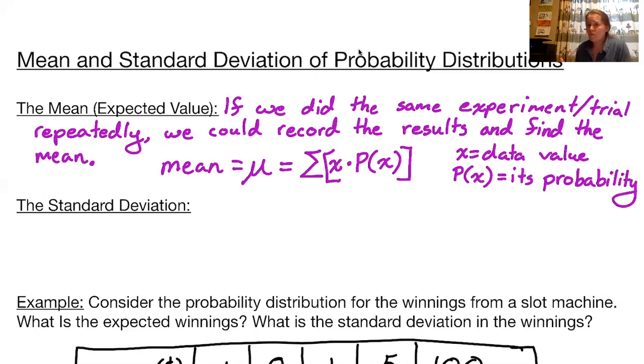We could do the same thing for standard deviation, taking the standard deviation instead of the mean. We are now working in theory, so we will use the Greek letter sigma, which looks like a sideways 6.